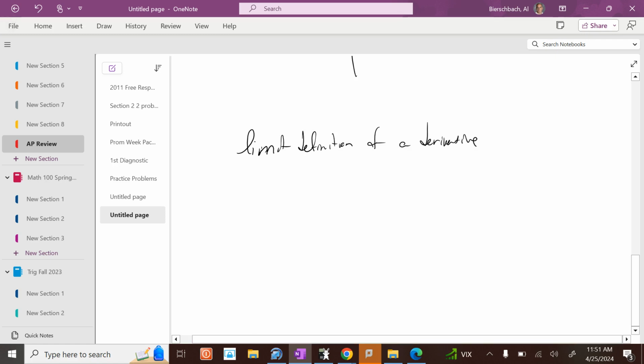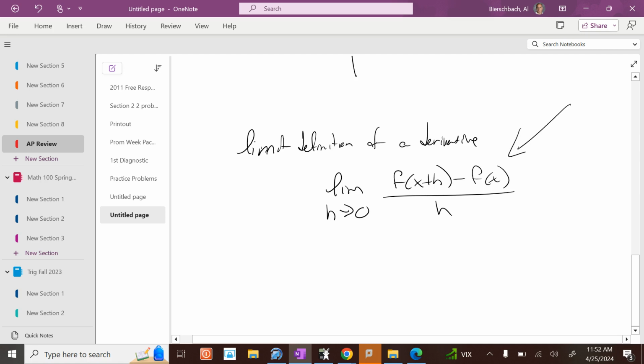What's the limit definition of a derivative? Well, that's a limit as h approaches 0 of f of x plus h minus f of x all over h. Okay? And they might have a problem formatted in this format. And then you'll have to determine what's going on there.